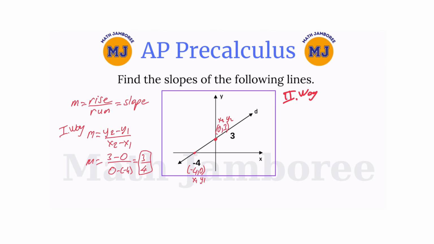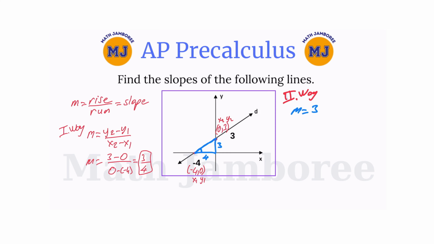If you think about this line, imagine that it was initially lying down like this, and it has risen from here to that point. So this is 3 units, and this is 4 units. In terms of rise over run, if you look at it from this view, you will see that it went up 3 steps.